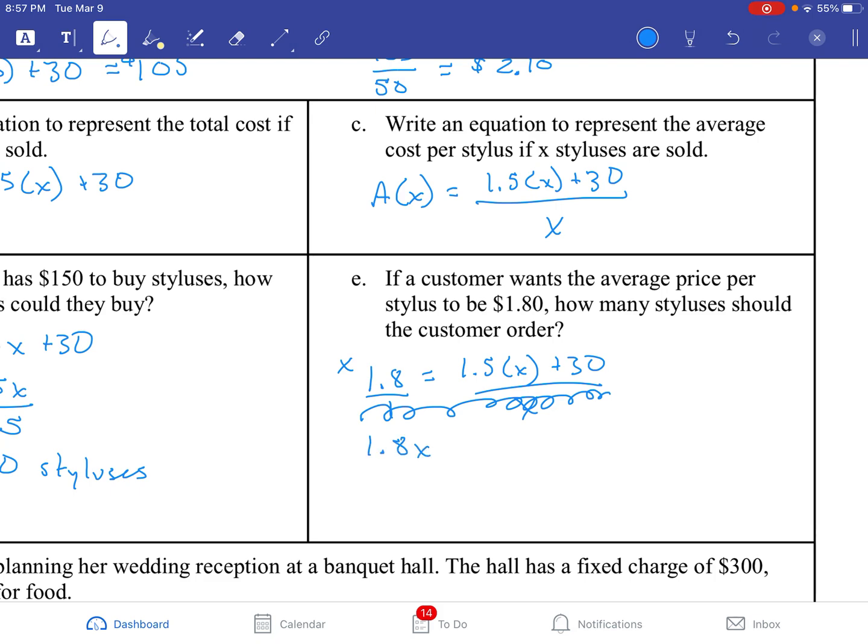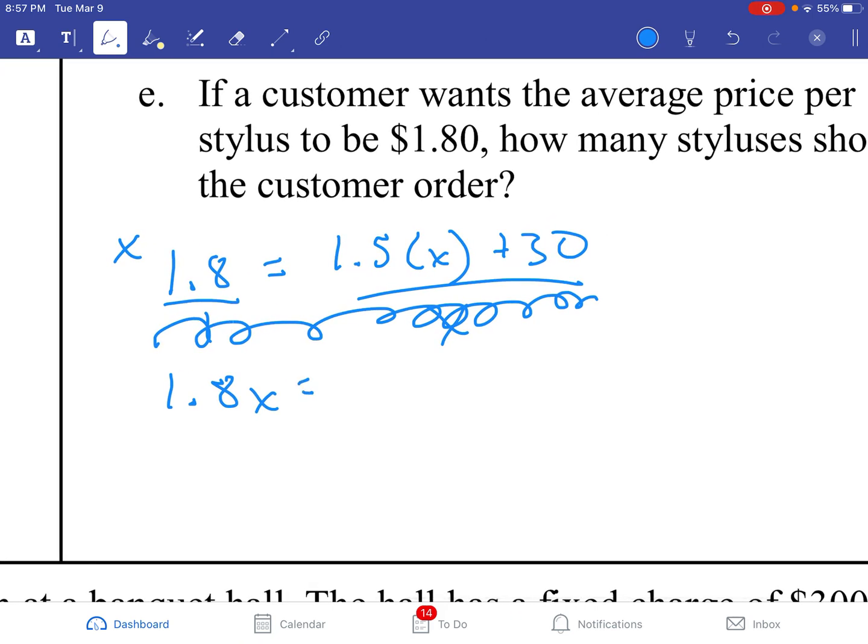So our equation becomes 1.8x equals 1.5x plus 30. I'm going to subtract 1.5. So 1.8 minus 1.5 is going to give me 0.3x equals 30.